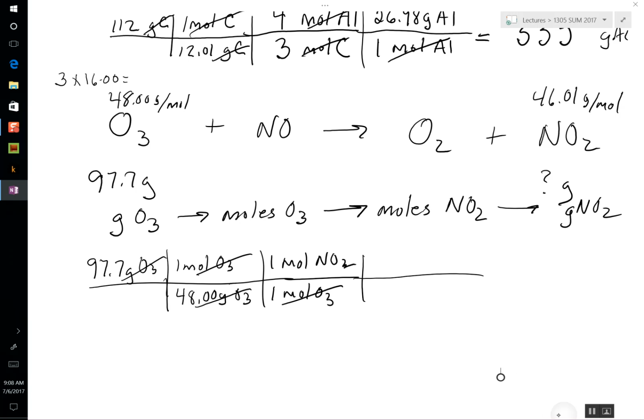And now you got moles of NO2 right here. This is where we're at. And now we got 46.01 grams of NO2 per mole of NO2.